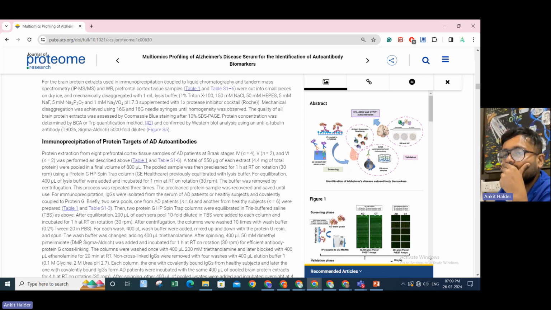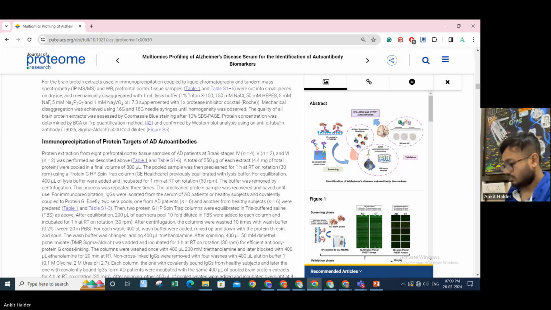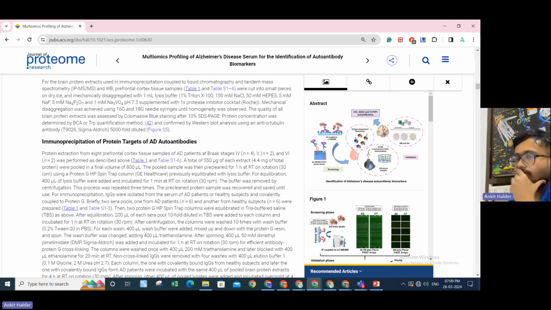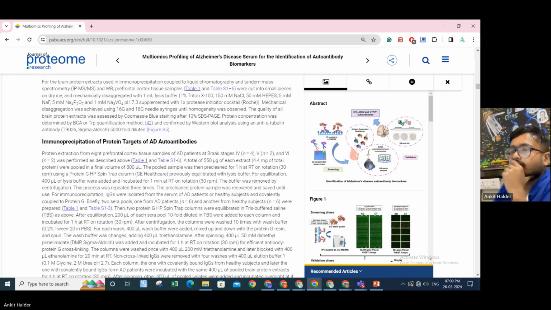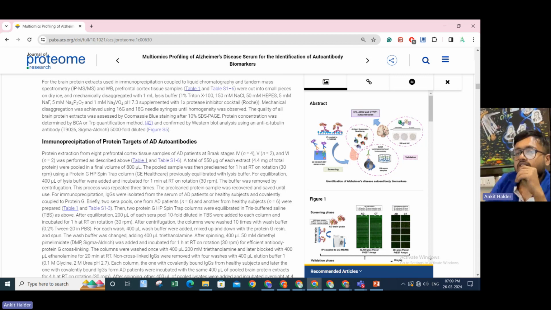Right? So now, results. IP-MS: autoantibodies evaluated remarkably.